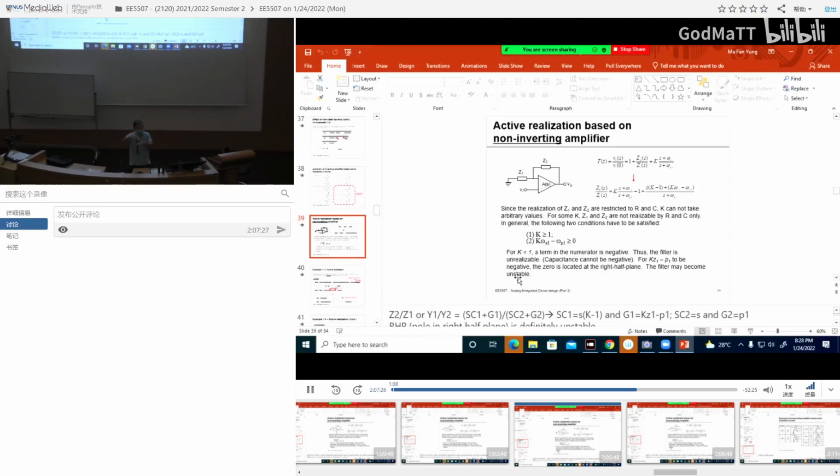Because when it becomes 180 degrees, you're unstable straight away, I will get positive feedback. So I want to know how much margin I have. I want the phase to be as far away from 180 degrees as possible, and the measurement is the phase margin.